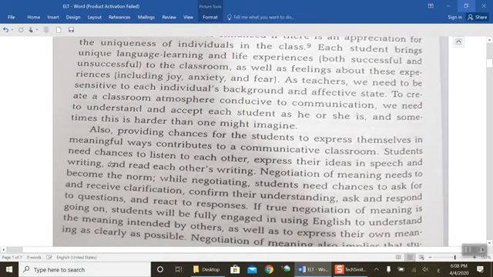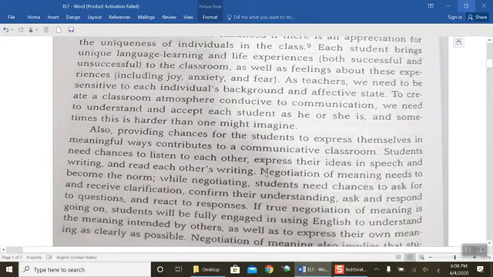Students need chances to listen to each other. You see, express their ideas in speech and writing, and read each other's writing. Okay, for example, Amer, Nazim, Fatima, Zahraa, Suhad, Ahmed, for example, they should express themselves.